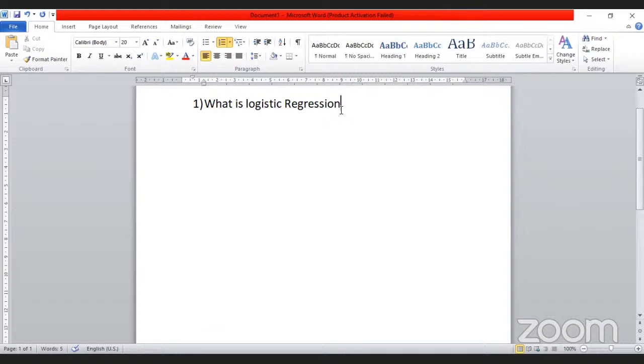Okay, the next question is, what is a recommendation engine?